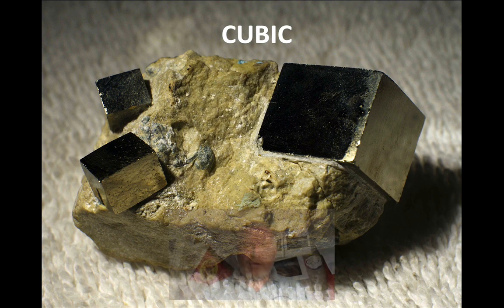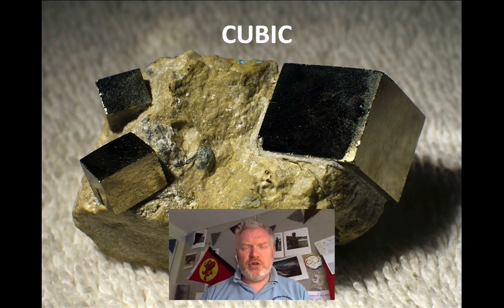Now, crystals can grow in a number of different, very distinctive shapes. All these shapes I'm going to show you are actually all natural. This is the first. This is cubic crystals for fairly obvious reasons.